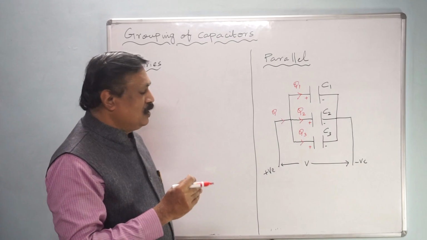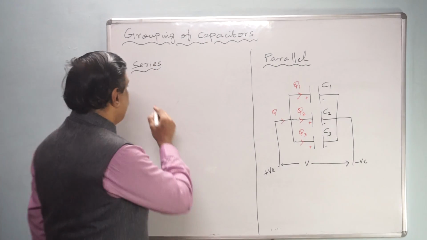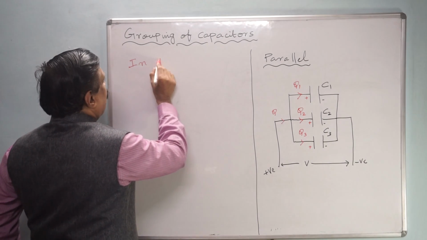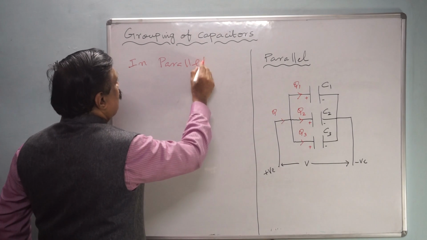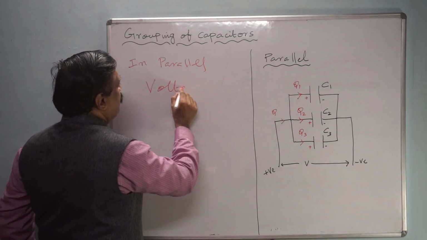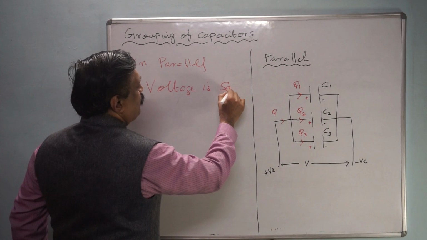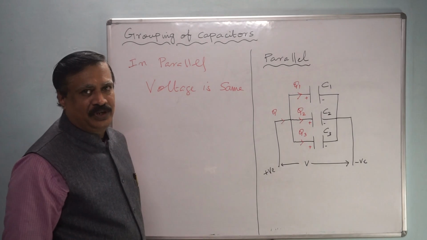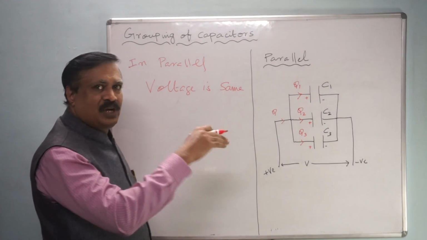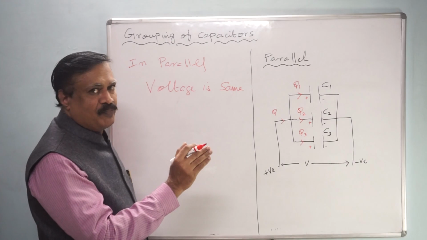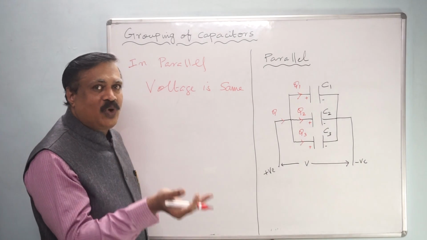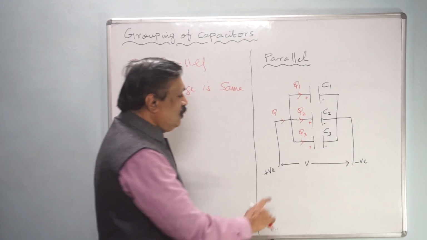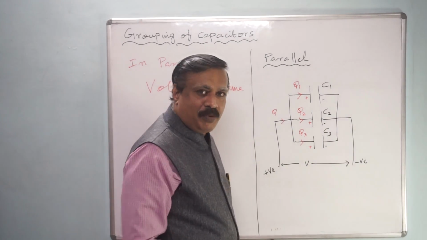In parallel, you have to remember this: voltage is same for all the capacitors. Whether C1, C2, C3 are of whatever different value, voltage is same. Voltage is same means the other quantity is dividing. Here charge is dividing. Therefore, here the battery or power supply is there.